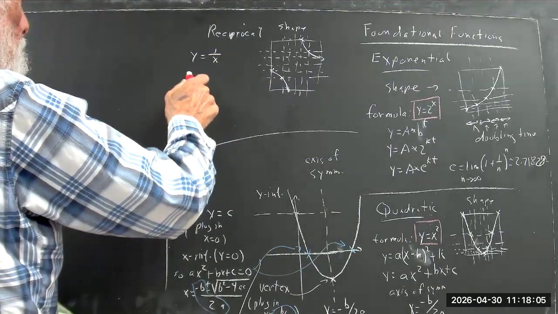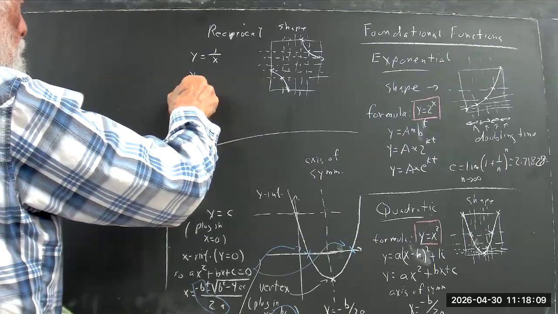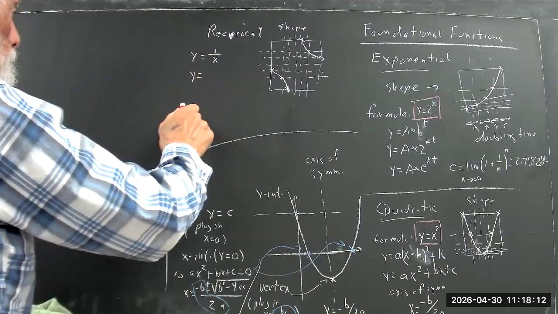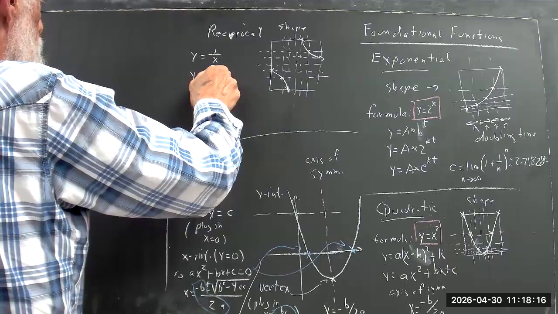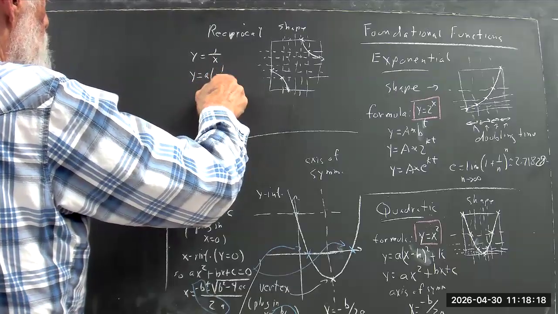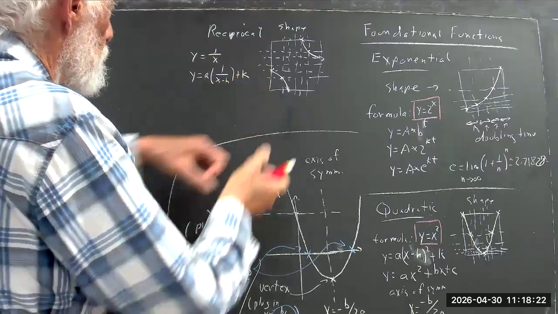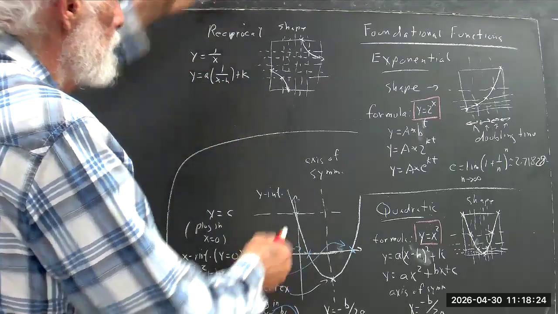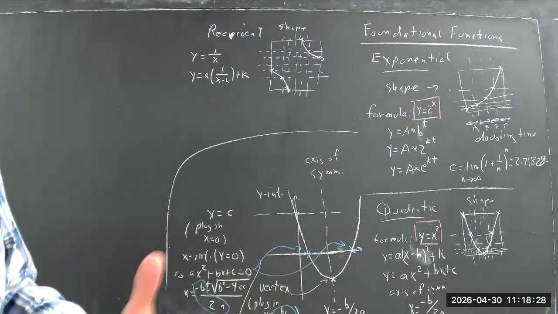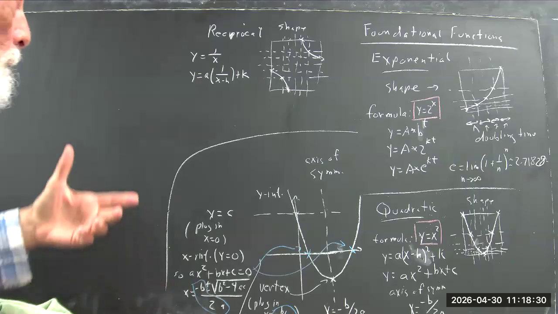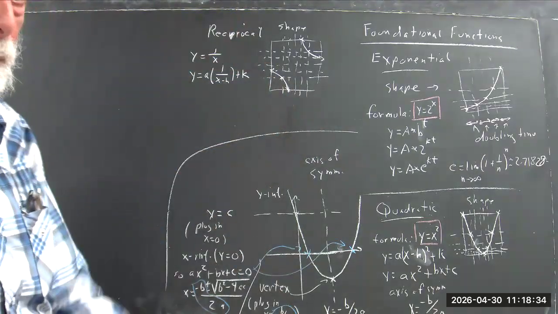More general forms: y equals a times 1 over x minus h plus k, which is vertically stretched by factor a. Inverted if a happens to be negative. It's always the way vertical stretch works. And then shifted h units horizontally and k units vertically.